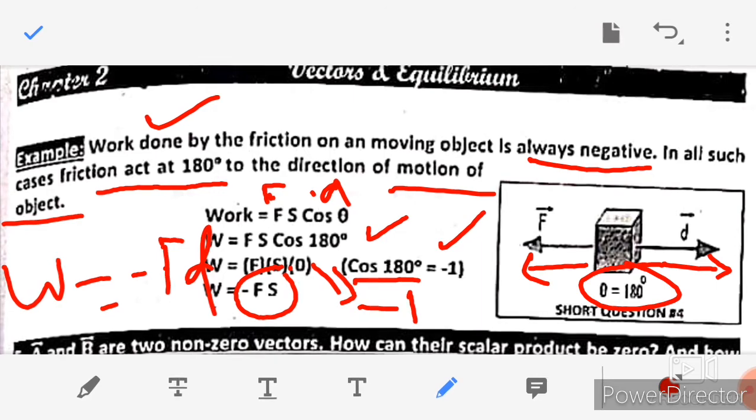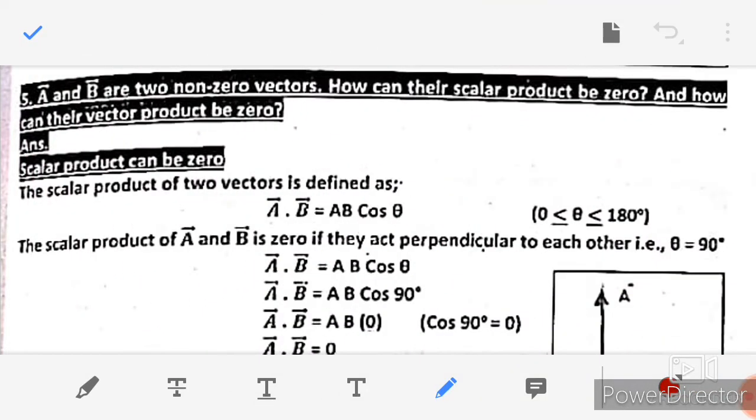Now moving towards the next question. Question number 5 is also included in the reduced syllabus. Vectors A and B are two non-zero vectors. How can their scalar product be 0 and how can their vector product be 0? So the answer for the first part is, scalar product can be 0.